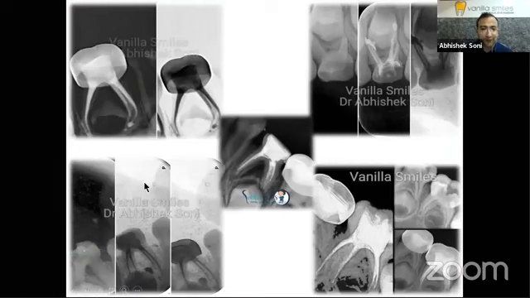So that's the protocol that we follow. But with our understanding of MIPD and selective caries removal, we have seen a rapid decline in the amount of pulpectomies that we do at our centers in Pune and Greater Noida now. We have tried to be more conservative at the tooth level as well as the pulpal level.